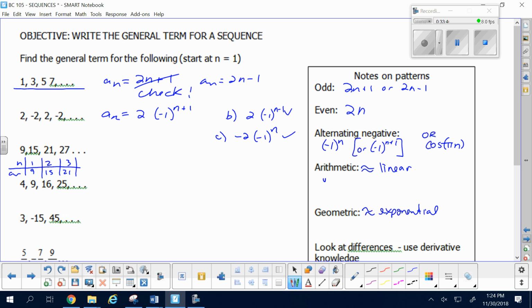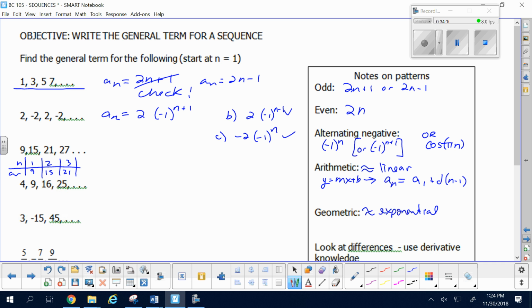Now, just like y equals mx plus b, we're going to have a corresponding version here. It'll be a1, but instead of starting with the xy kind of thing, we start with the b, the first term. We say the first term is this, and we're adding something which we'll call a common difference oh so many times.